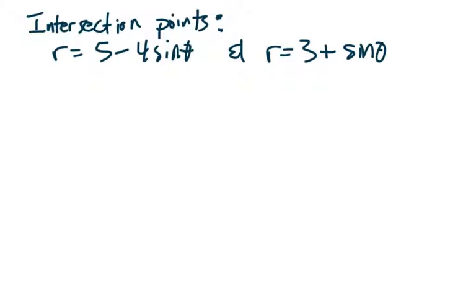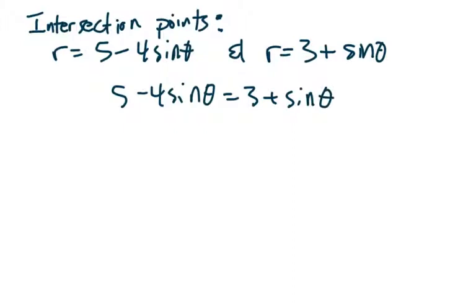So we're looking for a point r comma theta that's the same r comma theta on both equations. So if this r and this r are the same, hey look, I can set 2 things that are equal to r equal to each other. 5 minus 4 sine theta is equal to r, but so is 3 sine theta.